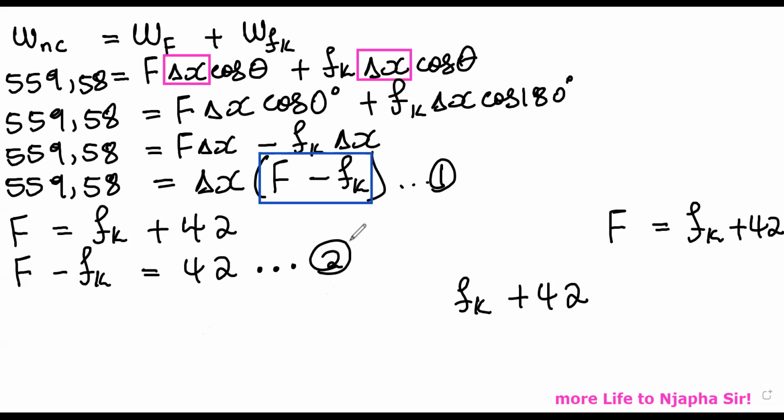And he substitutes the second equation into the first, which means that every time he sees F minus Fk, he's now going to come and say, oh, well, we know that the value of this is just going to be 42.